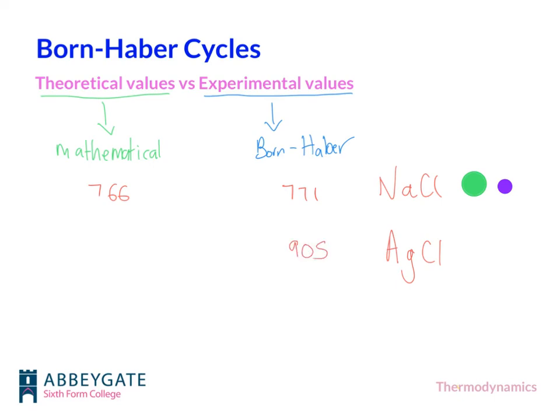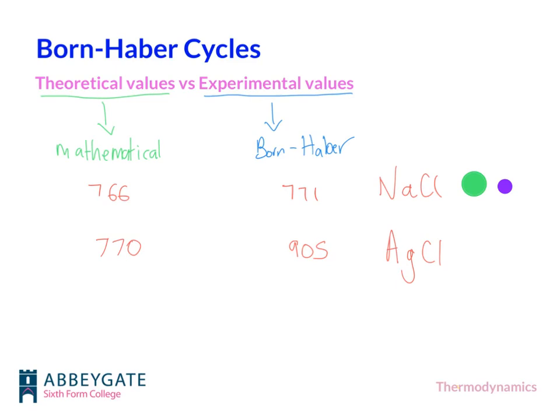But the mathematical value, based on Coulomb's law, would be 770. Now, there's a massive difference, a much bigger deviation between those values, which suggests that we've got far more of a covalent character in this ionic lattice than there is in the sodium chloride. And that's because we've got some distortion of our shape.